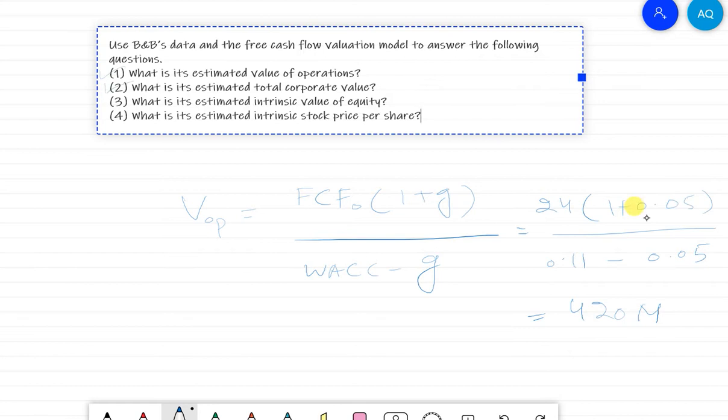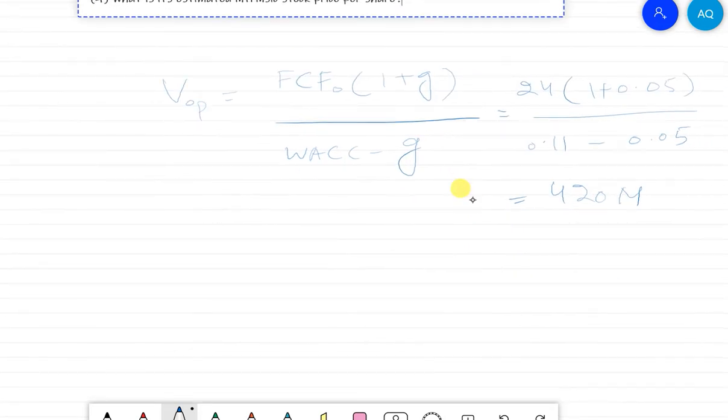What is total corporate value? Total corporate value has two parts. One is value of operation plus short-term investments. So value of operation is 420.